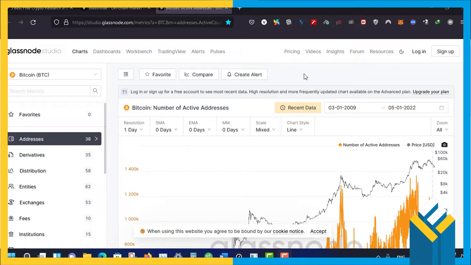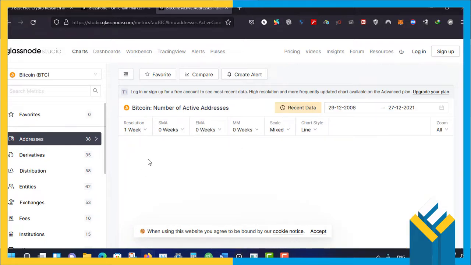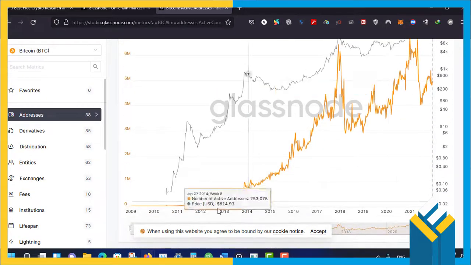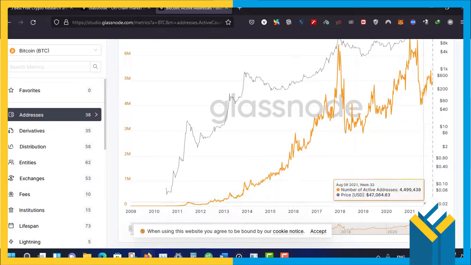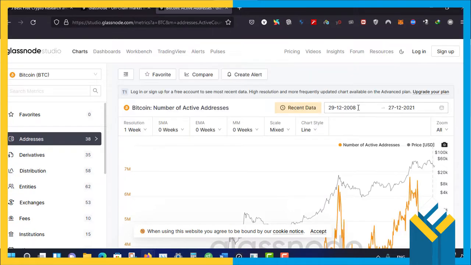For example, these are the charts, and this is the Glassnode Studio charts part. For example, for Bitcoin, what are the addresses? This is the resolution for 1 day, or you can check it per week, per day, per hour. And this is the chart of the weeks of the Bitcoin history. This is the time.